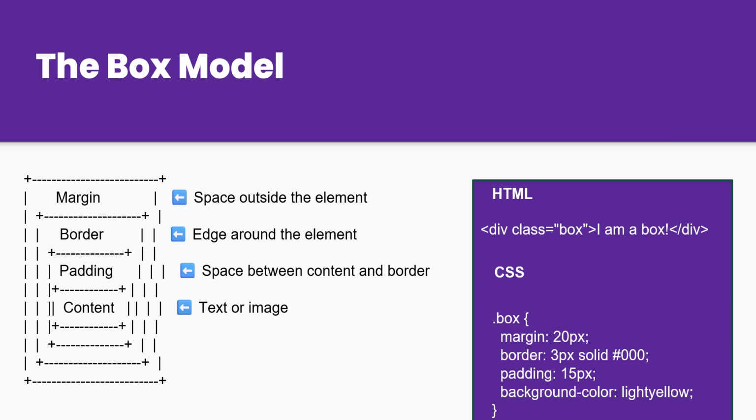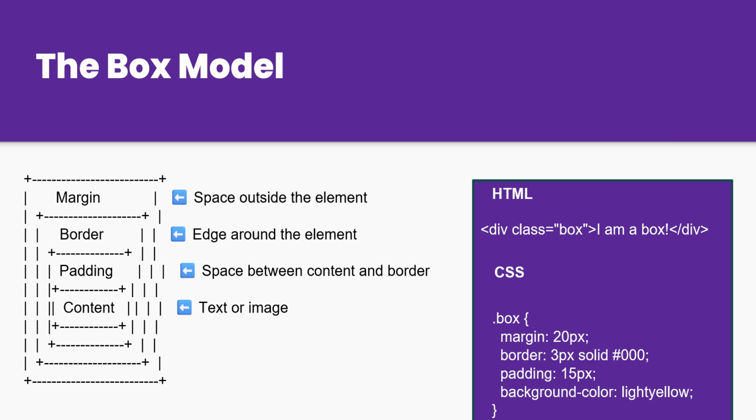You normally have the content, maybe the text or the image, and then that content is surrounded by padding, which is the space between the content and the border. Then the border is the edge around the element. And finally, we have the margin, which is the space between the element and the rest of the website.